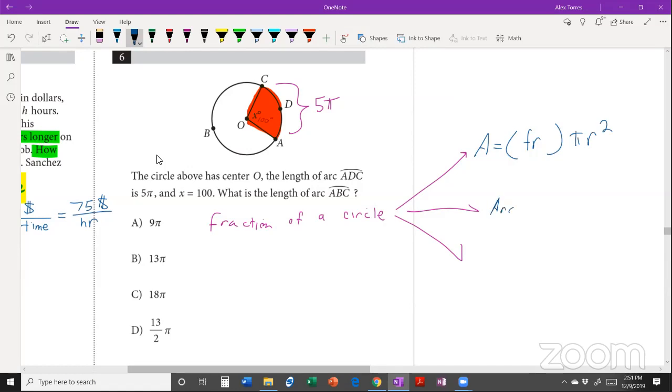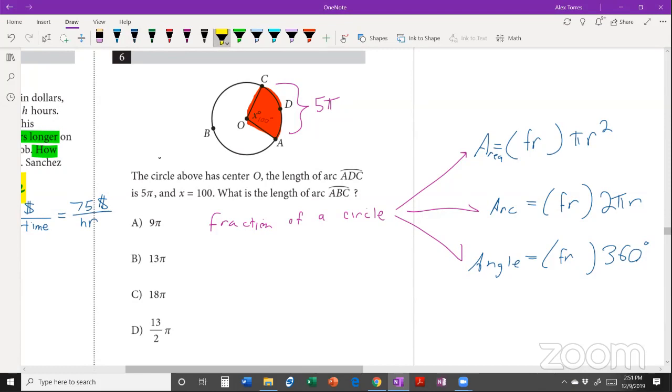The arc of it, so here we have area, the arc of it is that same fraction of the circumference of a circle, which is 2 pi r. So when we talk about arc, we're talking about a piece of the circumference. And the central angle of it is that same fraction, again, of 360 degrees, because there are 360 degrees in a circle.